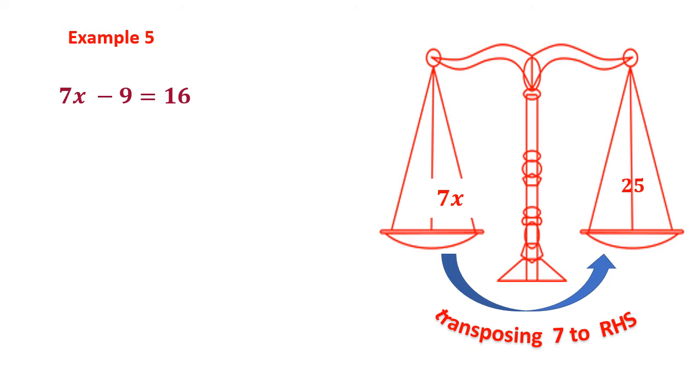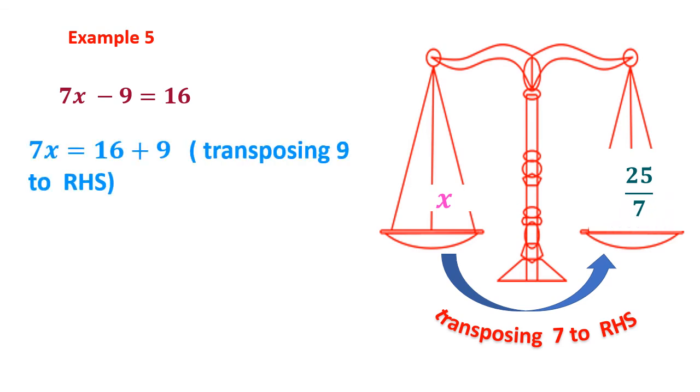So on transposing 7 to RHS, it will get divided. So what will be remaining in LHS? Only the variable. And in RHS, you will have that 7 in the denominator. It means we have divided by 7.